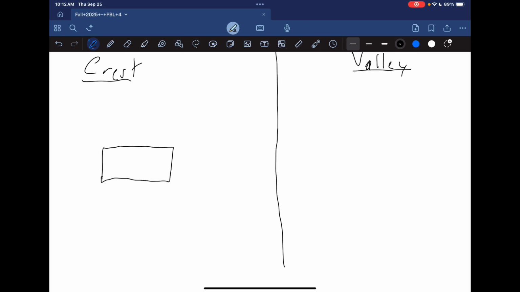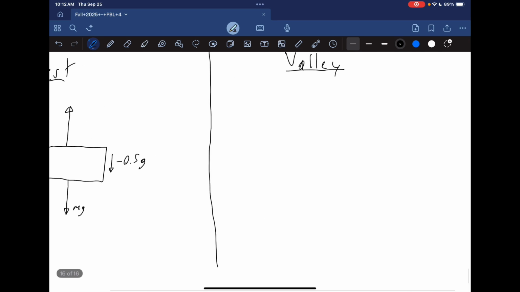We know that there is some force of gravity, mg, and some normal force acting in this direction. And we know earlier that the acceleration is negative 0.5 g downwards. So it's accelerating downwards. And we'll use that later in our force equals mass times acceleration equation.